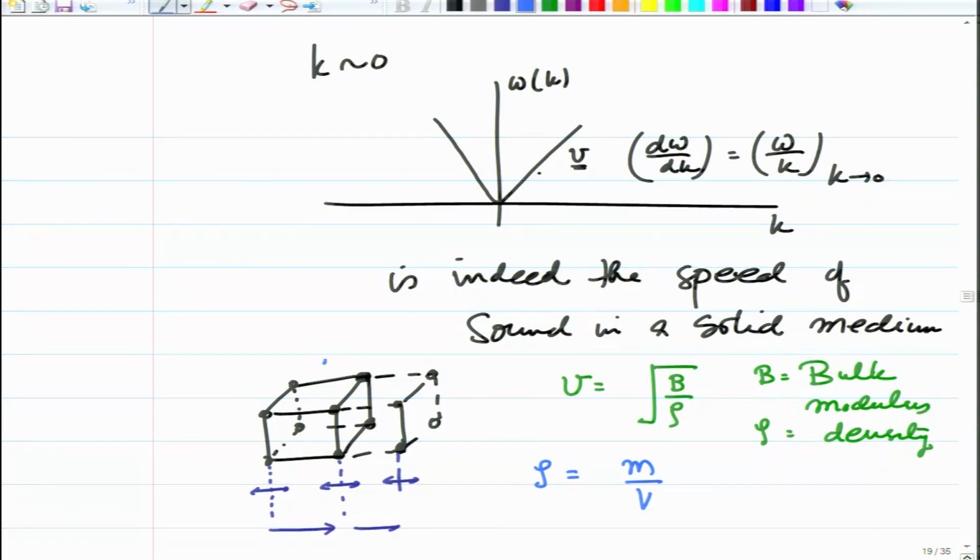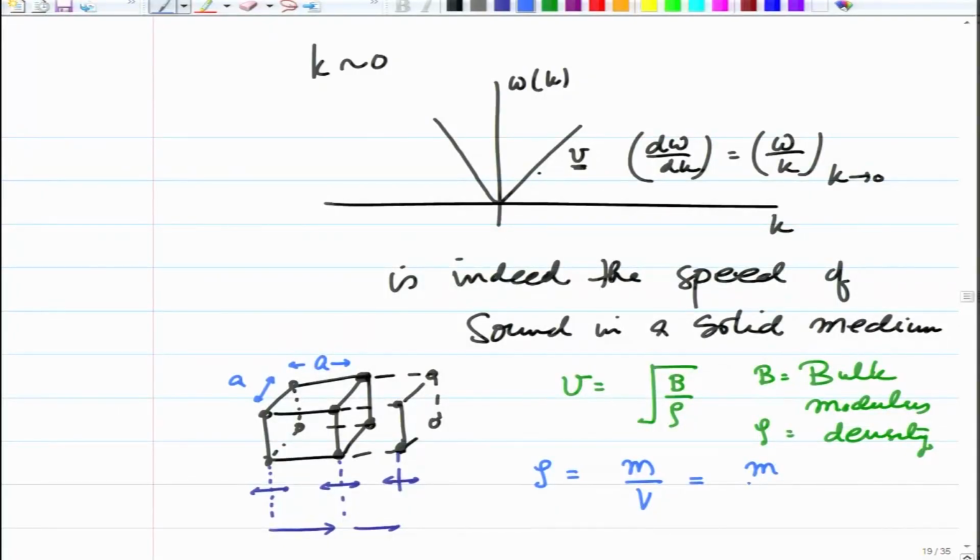If I take the side of this cube to be A, then the density of the solid would be equal to, each atom is divided into 8 different cubes. So, mass for each cube is going to be m divided by A cubed. This is the density.